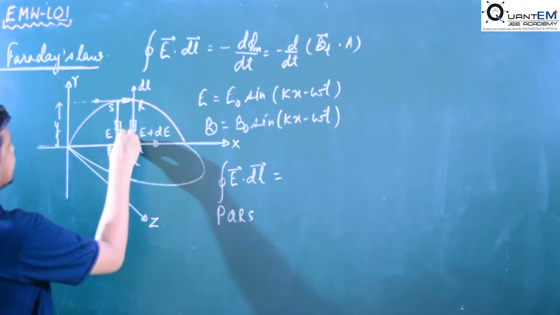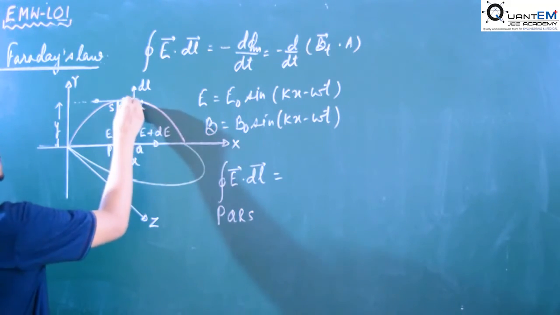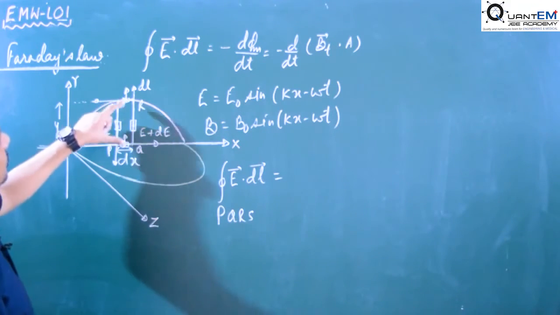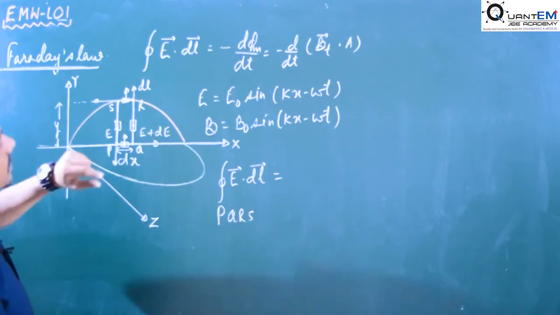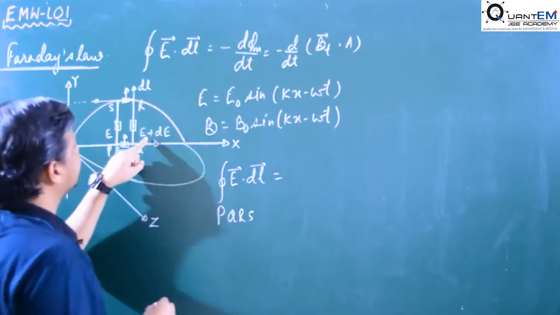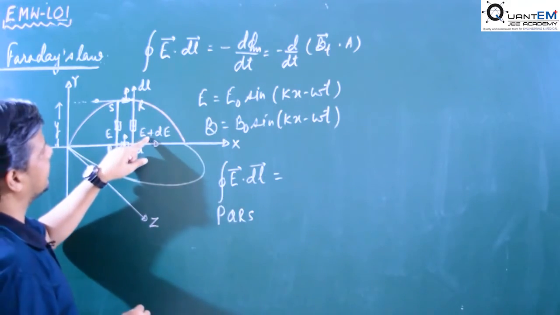Here the electric field and dl are perpendicular, and here also they are perpendicular. So for these two arms the line integral will be 0.